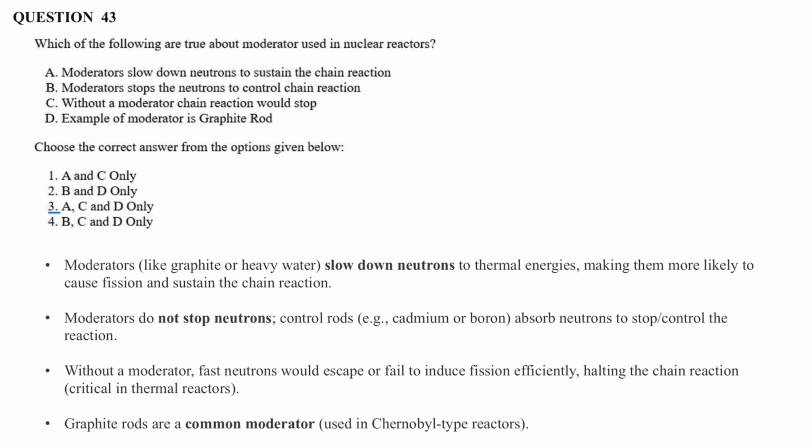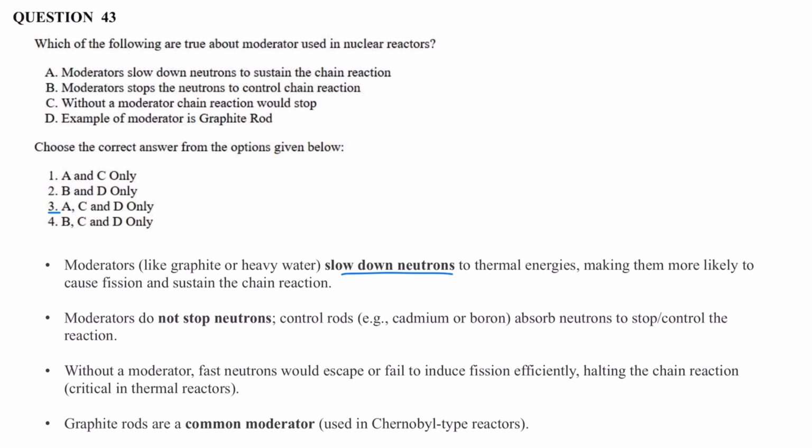43. Which of the following are true about moderator used in nuclear reactors? Moderators are used to slow down neutrons to thermal energies, making them more likely to cause fission and sustain the chain reaction.